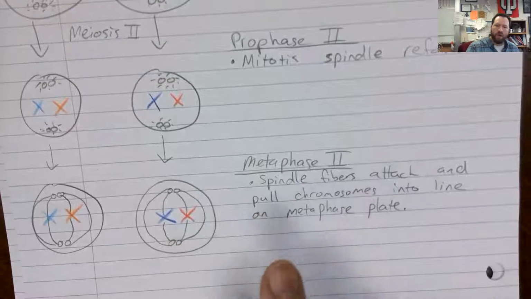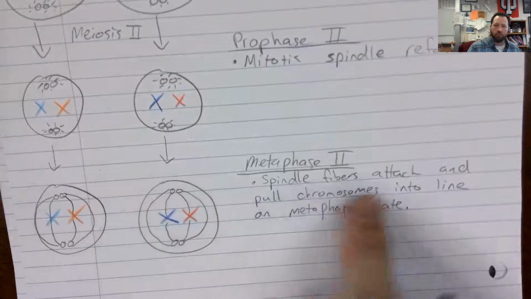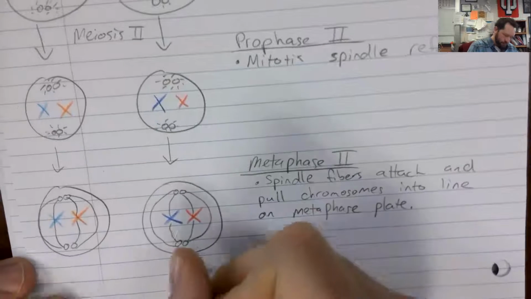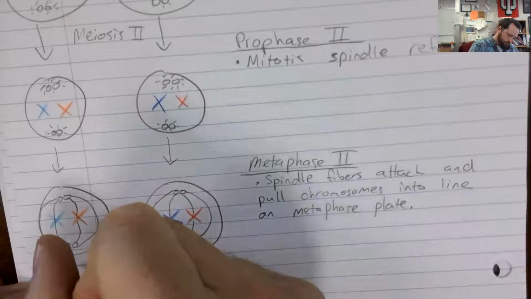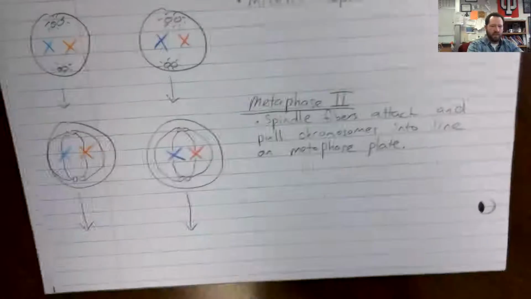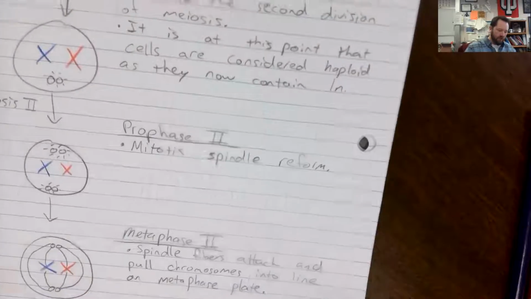So the spindle fibers are going to attach to the sister chromatids, and they're going to pull those chromosomes into line on the metaphase plate. And as you might have guessed, I'm going to flip the page here, but we're going to move now into anaphase 2.